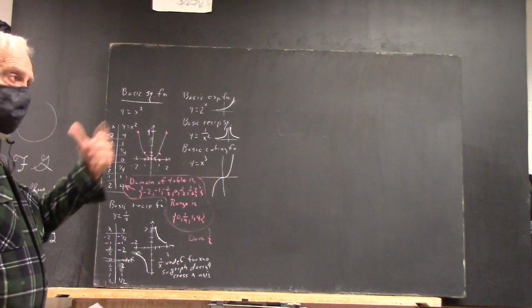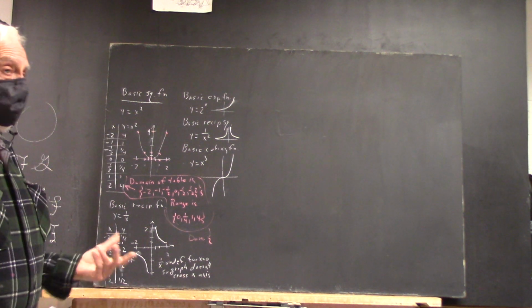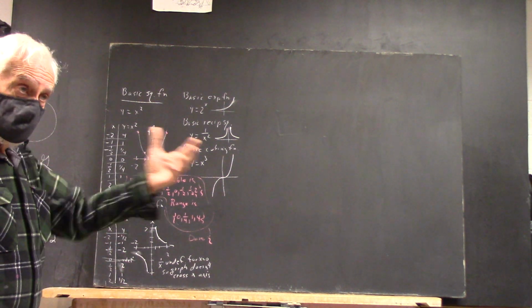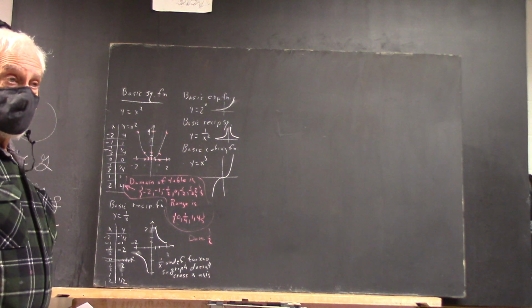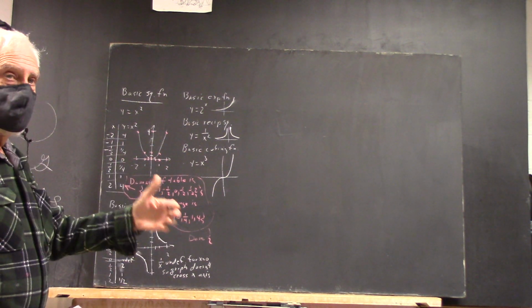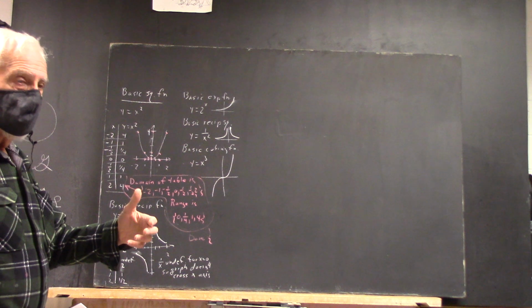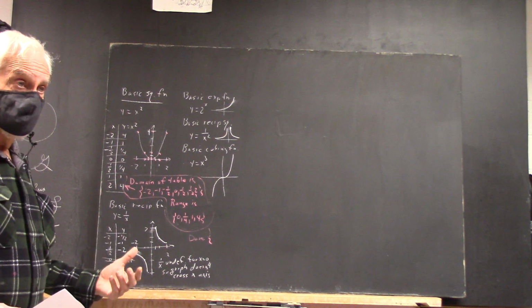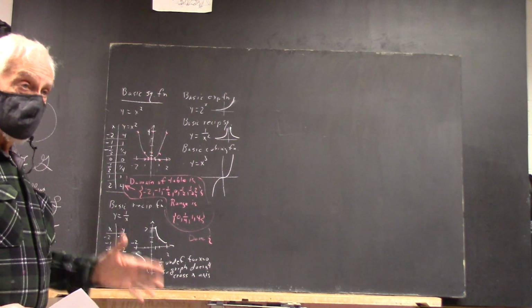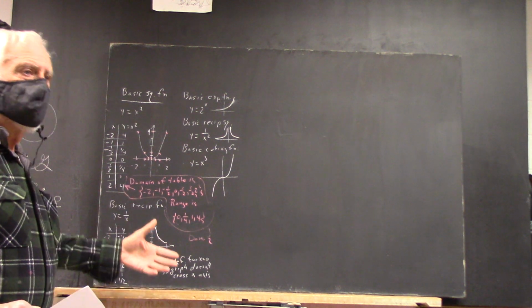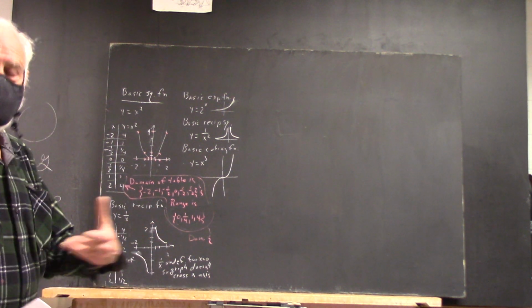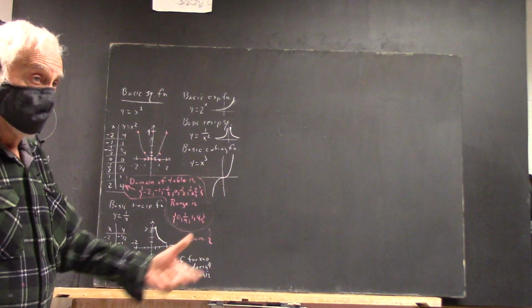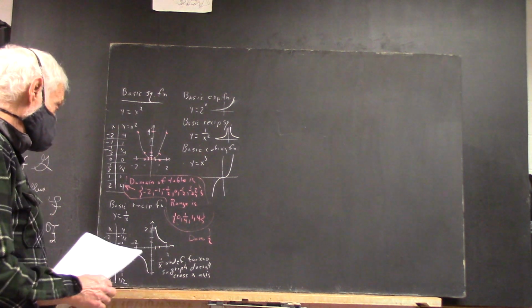You know, if you had like 1 over x plus 5, you can't have x equals 5 because you don't have division by 0. If you got the square root of x plus 7, then x has to be at least -7. Because if x is less than -7, you have a square root of a negative. You need to know those things about domain. Those things can appear. Okay.